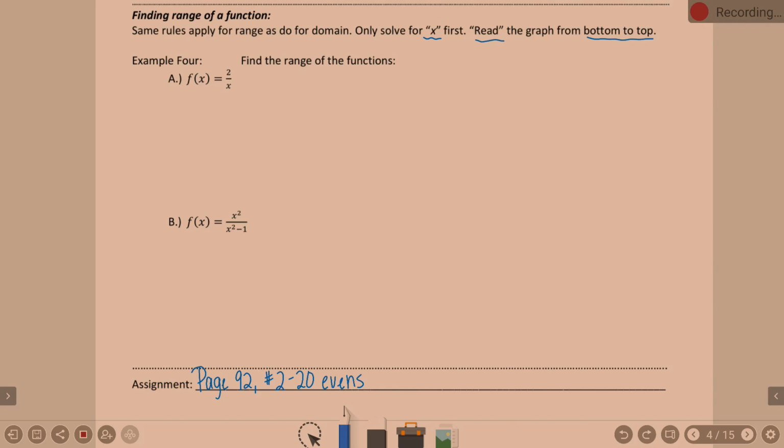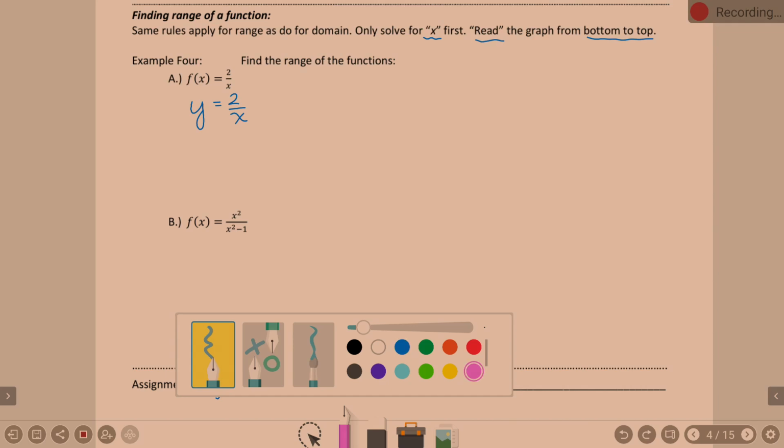So let's demonstrate on A. First of all, you guys know f of x is the same thing as saying y equals 2 over x. Okay, how do I solve this for x? If you want to get x out of the denominator, how do you undo dividing by x?